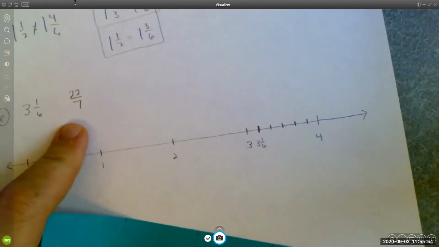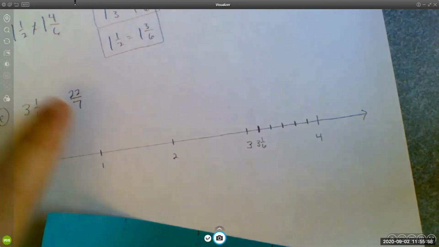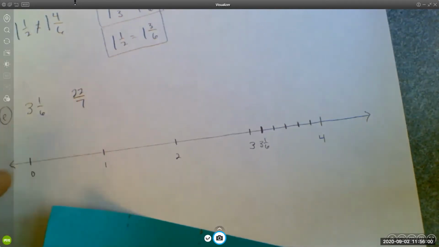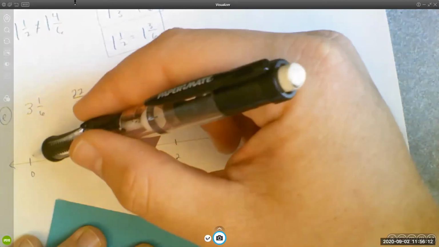Now, as for 22/7, well, the 7 in the denominator tells me that I need to split all of my units into 7 parts. But I'm not going to go through all of the effort of doing that for each individual part because I can kind of think about it like this.